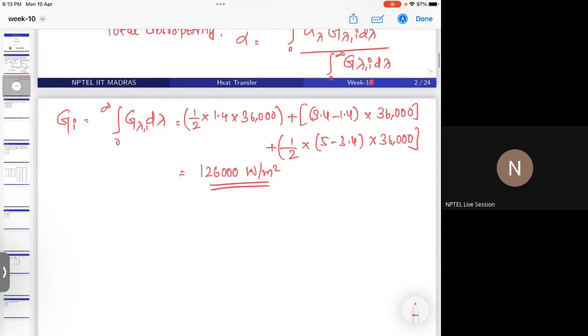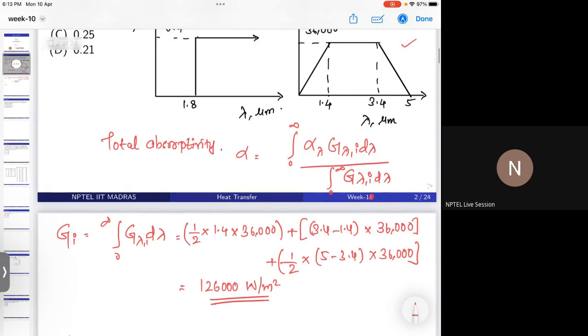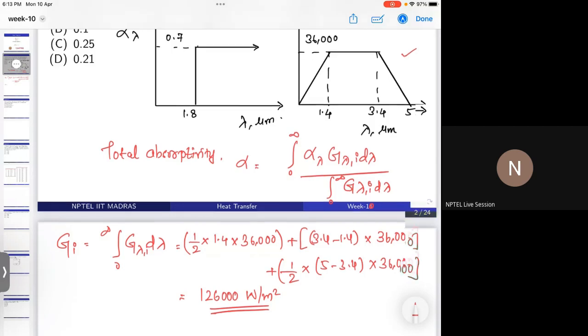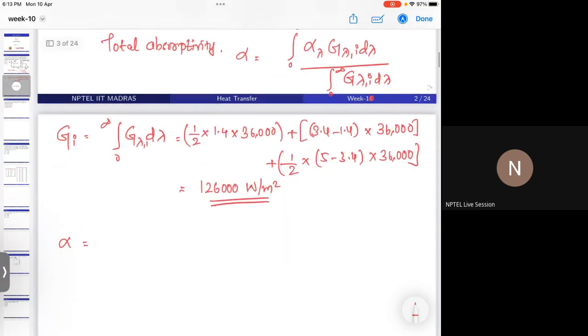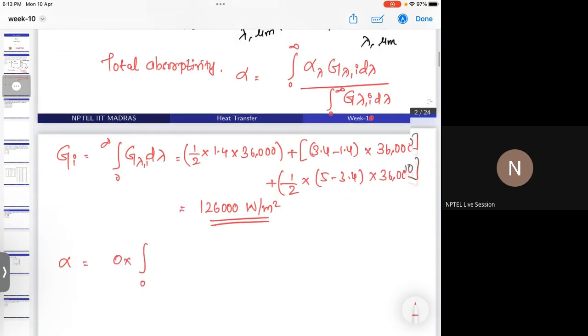Now we can easily find out alpha. Basically, alpha is 0 up to 1.8. So we need not consider it; even if you consider it, it will be 0 when multiplied.